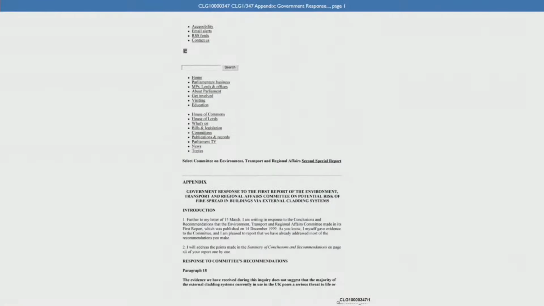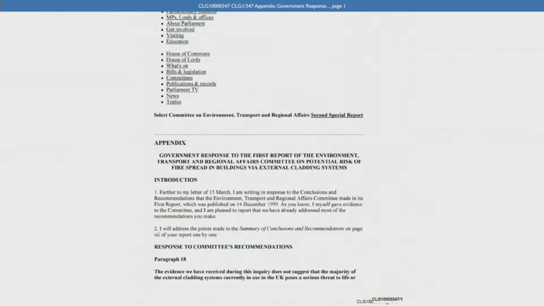Let's now go to the Department's response to the committee's recommendations. We find that at CLG 140347. Now, it's difficult to attribute a date to this, but we understand that it was published on the 6th of April 2000. And if we go to page 1, the title is Government Response to the first report of the Environment, Transport and Regional Affairs Committee on potential risk of fire spread in buildings via external cladding systems.